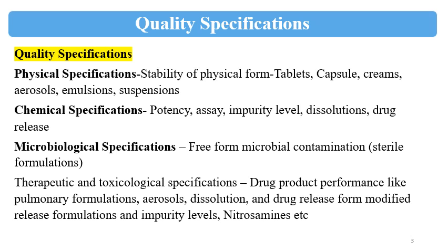Nowadays, nitrosamine impurities are attracting more concern, and nitrosamine comes into the therapeutic and toxicological specifications. For your information, you can remember the physical, chemical, and microbiological specifications, because based on these three, the therapeutic and toxicological specification can be derived.